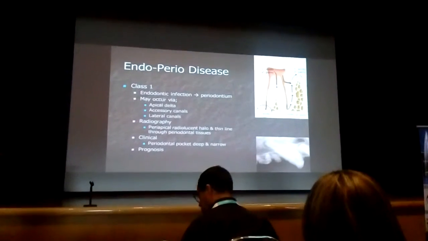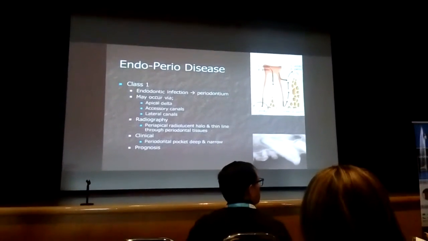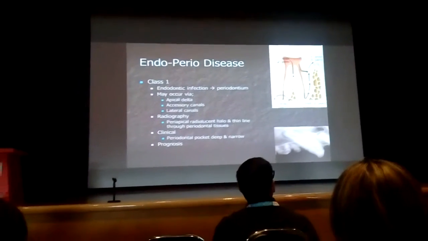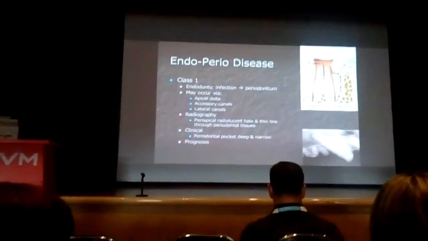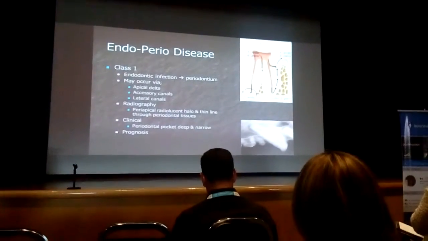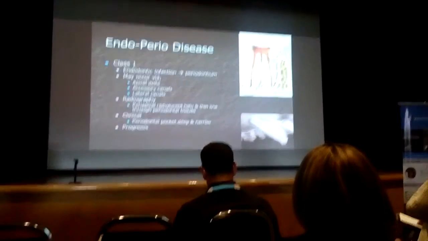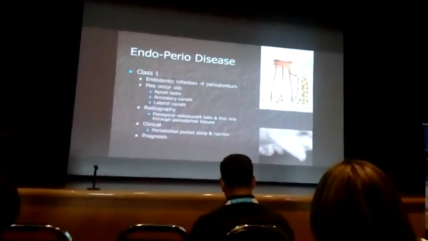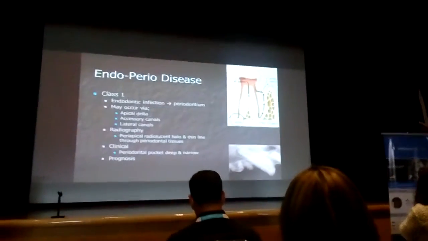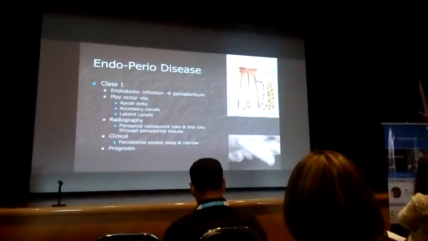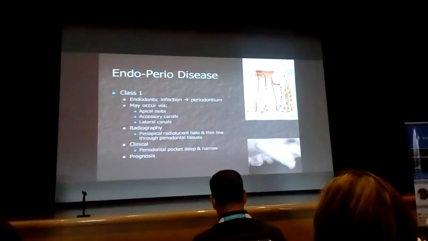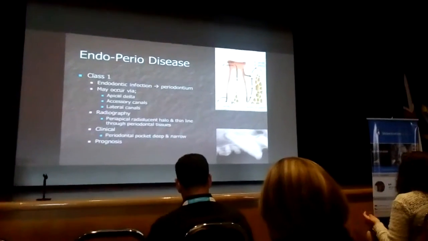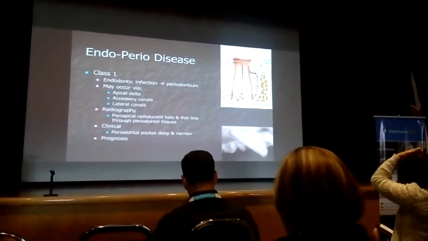And what you would see with an endoperio lesion is their measurements would be normal, normal, normal, 14, 15 millimeters. So very deep line, and then back to normal, normal, normal. So it'd be like a very deep Z shape. That clinically tells you that this is an endoperio lesion.